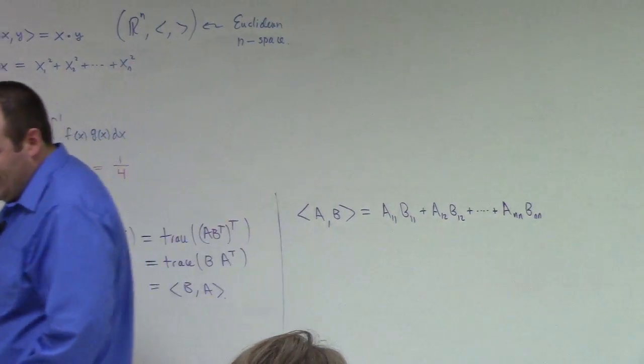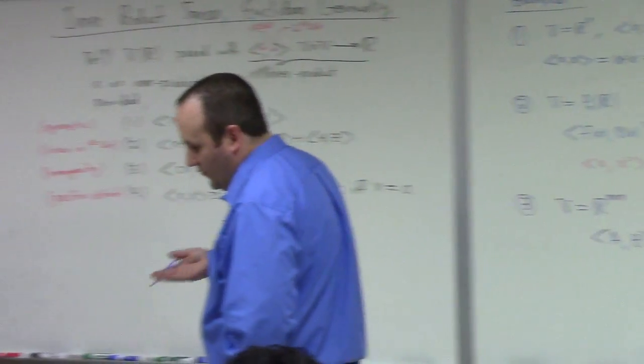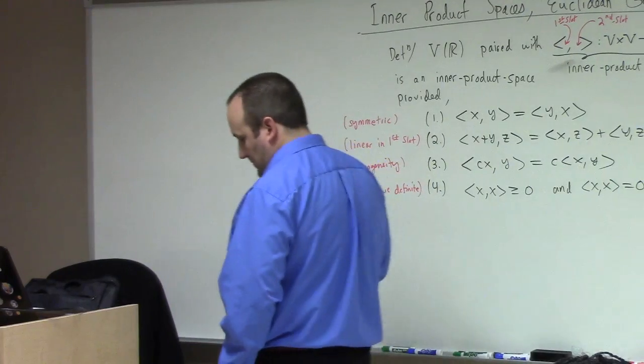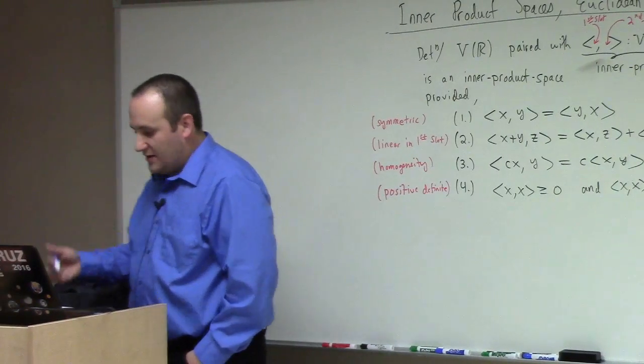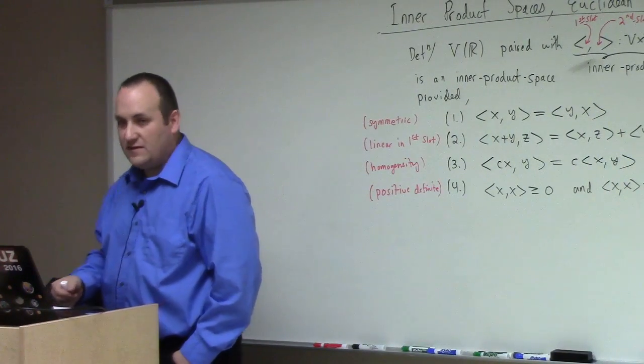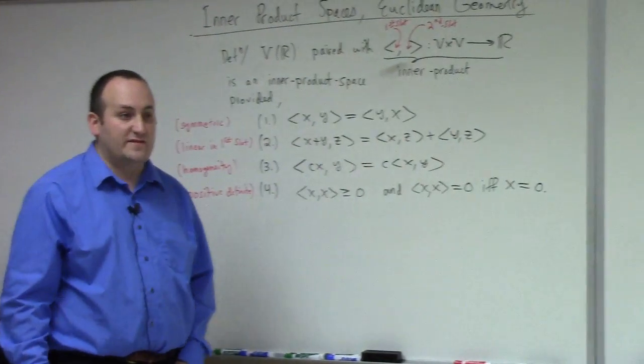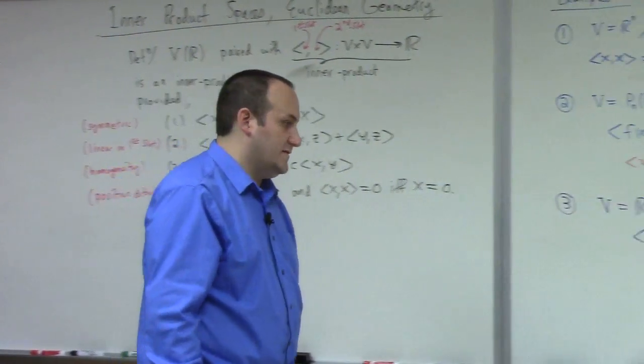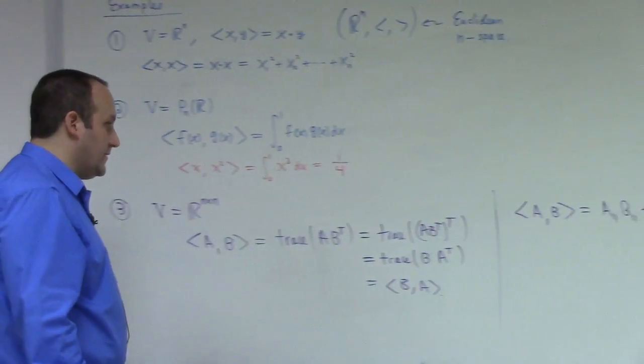It's really just a formula which gives you essentially the dot product of the matrices viewed as n squared dimensional vectors. It's nothing more than that. Okay.